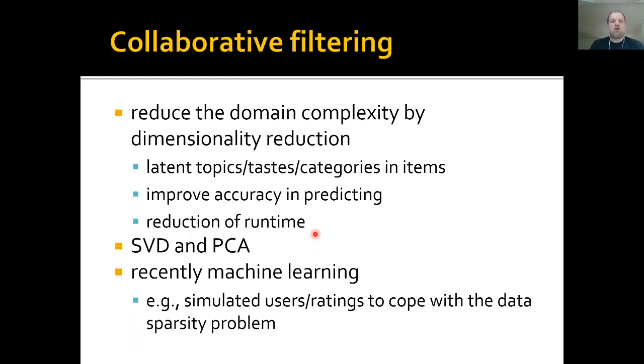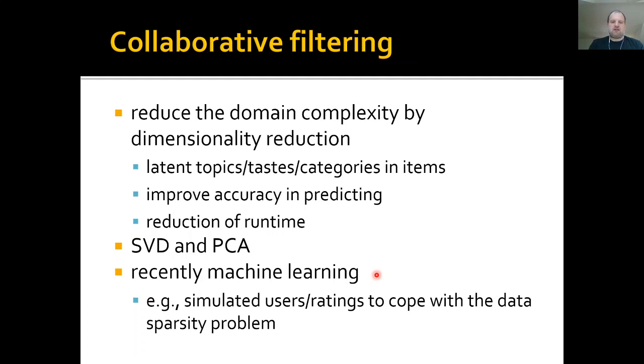So this could also be the case for collaborative filtering, to get more dense matrices by dimensionality reduction. But if the matrix is really very sparse, this will not help us anymore. In such a case, we must resort to other methods that somehow allow us to populate the matrix more.